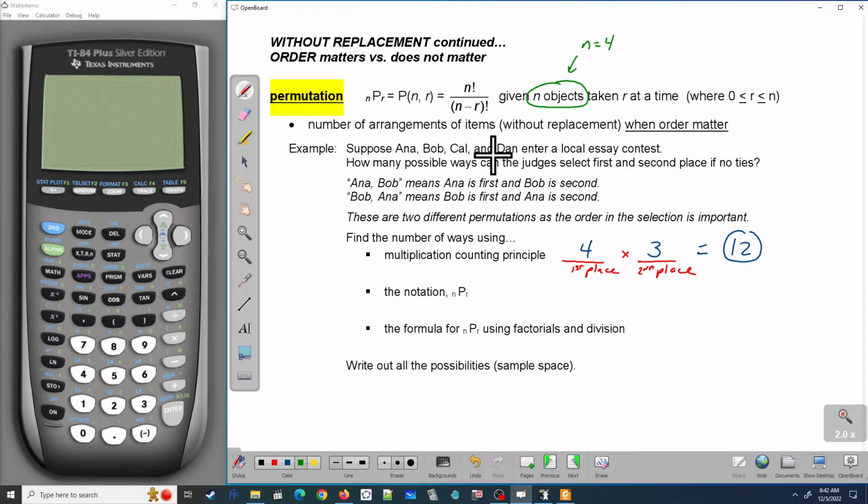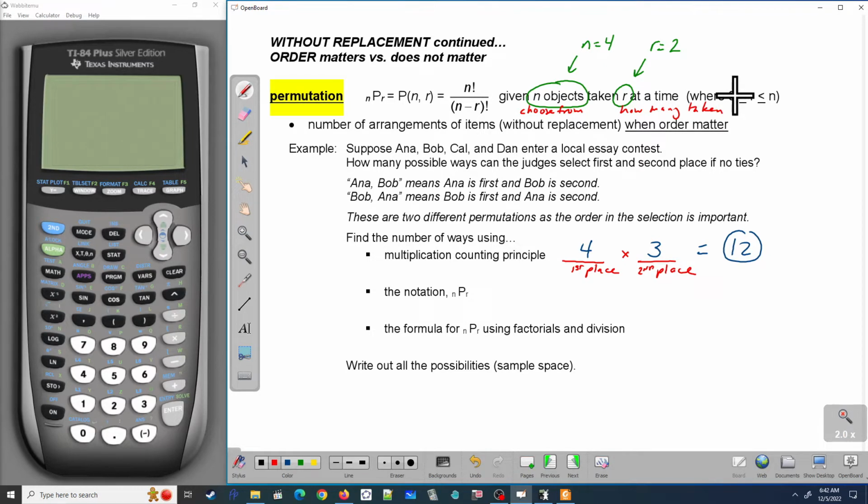And then when you do a permutation, it's taken r at a time. Basically, how many are we taking? And in this case, r is equal to 2 because we only have 2 places that we're going to fill. So once again, n is where you're going to choose from, and r is how many are taken.